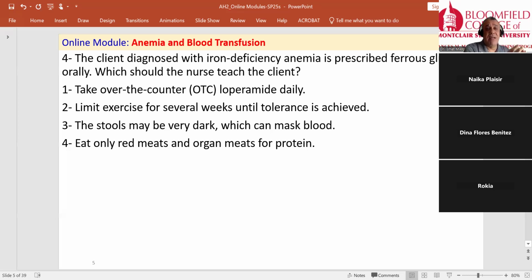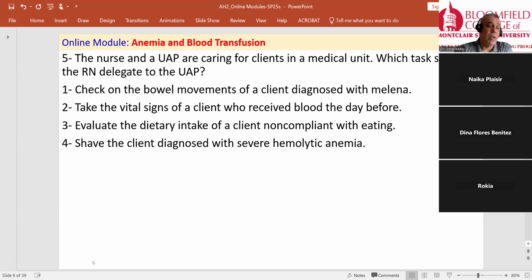Any type of ferrous sulfate is iron. All the ferrous compounds are iron supplements, and they change the stool color to a dark greenish color, and that may mask the appearance of blood in the stool. That's why we have to look at other manifestations of peptic ulcer disease. But in general, we will teach them about this expected change when we prescribe or give them ferrous sulfate or gluconate or any type of iron supplement. Number 5.